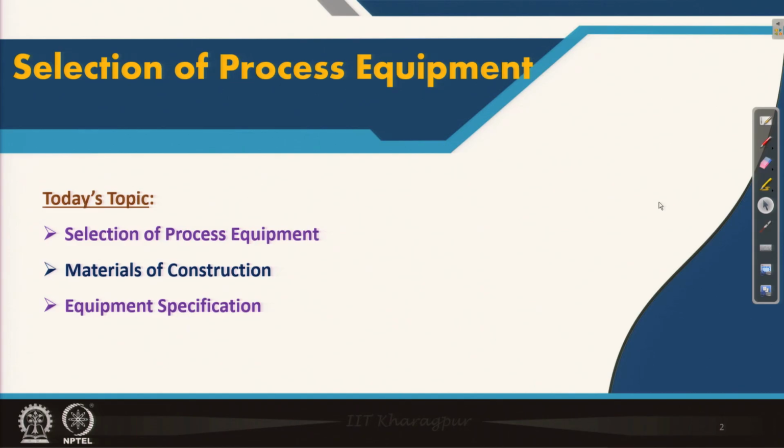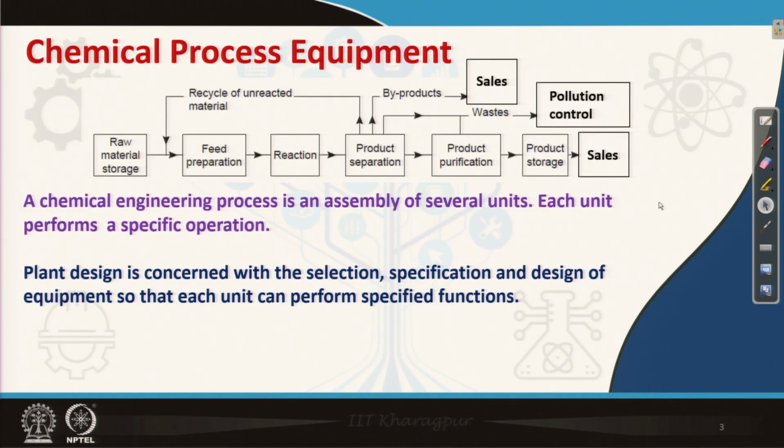So, this is today's topic: selection of process equipment, materials of construction and equipment specification. What you see is a schematic of a typical chemical process represented in terms of functional blocks.